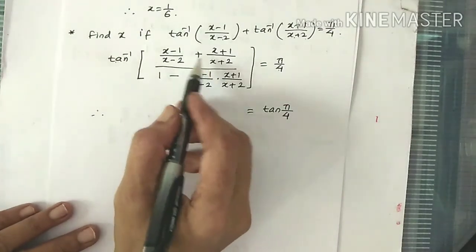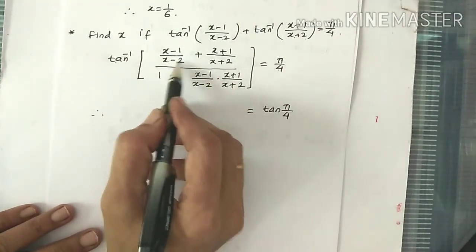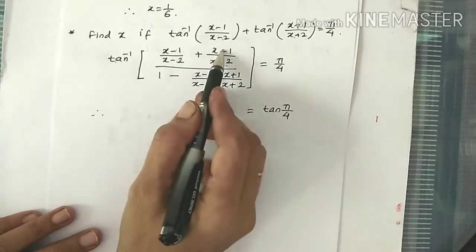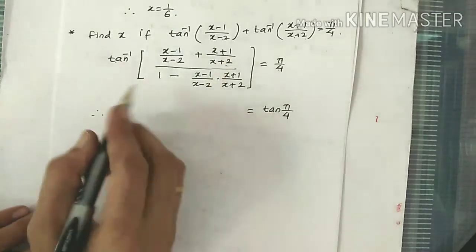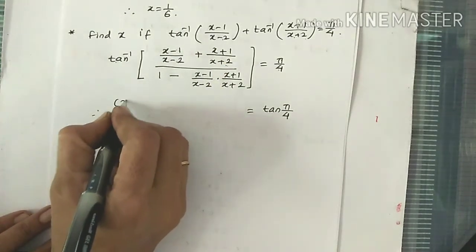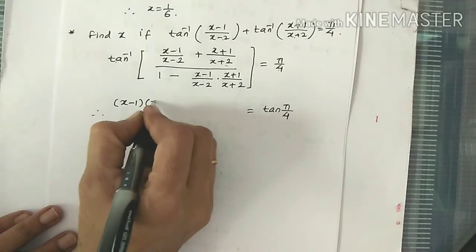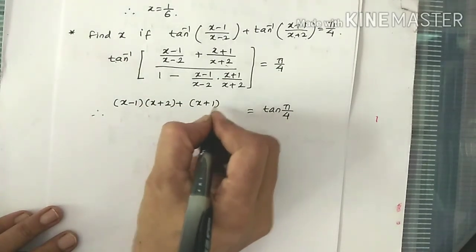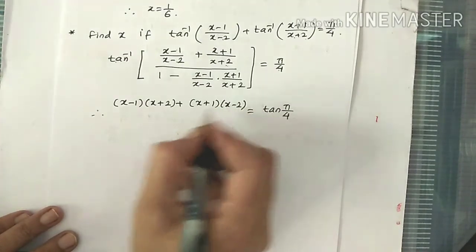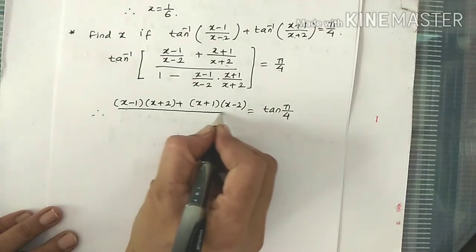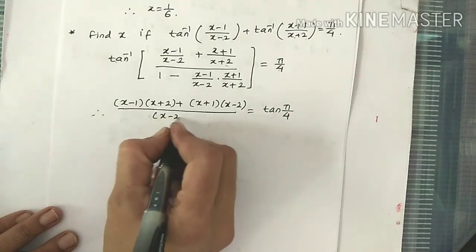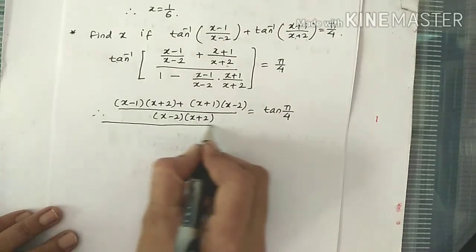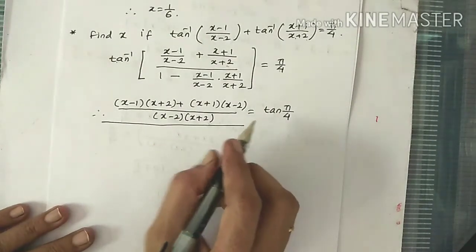So let's simplify this. The denominators are different. So we get the product of these two terms plus the product of these two terms, divided by the product of these two terms. So that is (x minus 1) into (x plus 2) plus (x plus 1) into (x minus 2), divided by (x minus 2) into (x plus 2). This is the numerator. Now let's write the denominator.